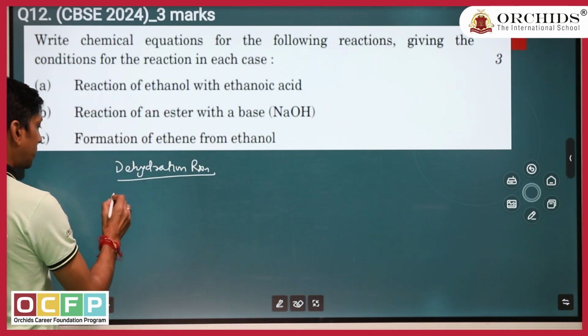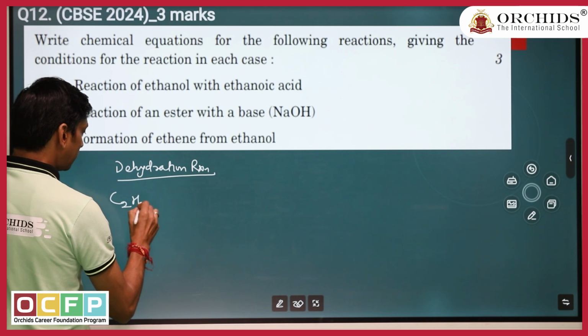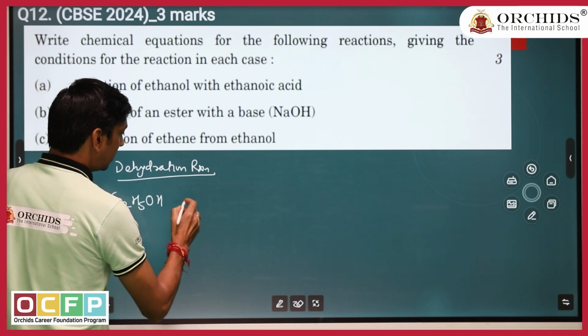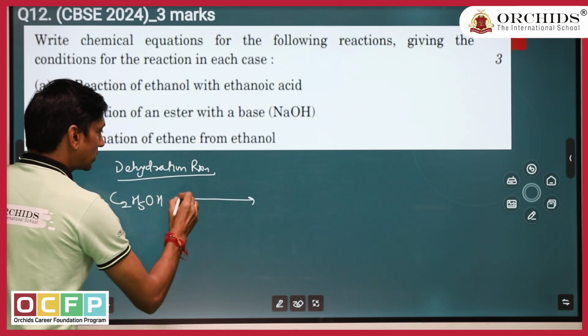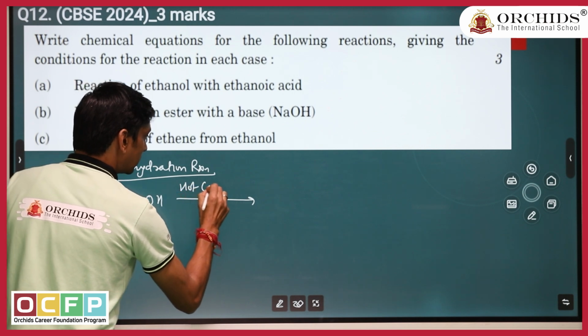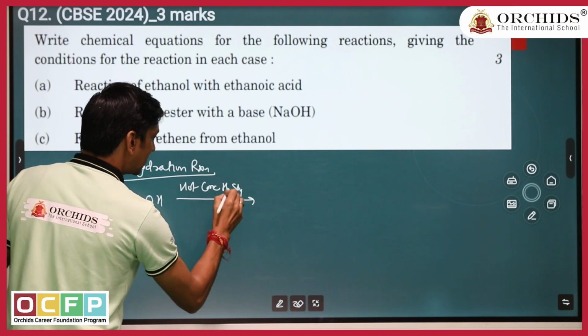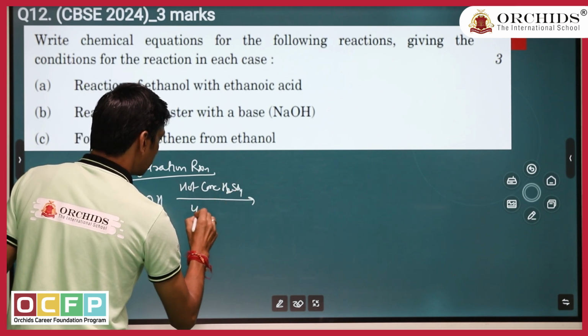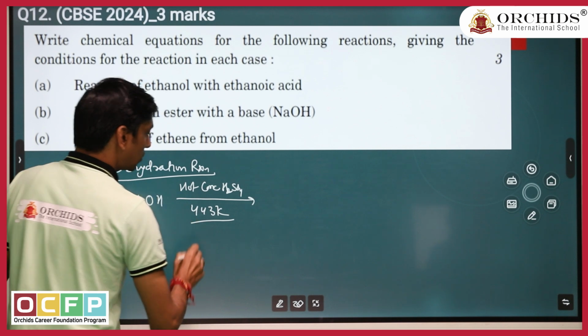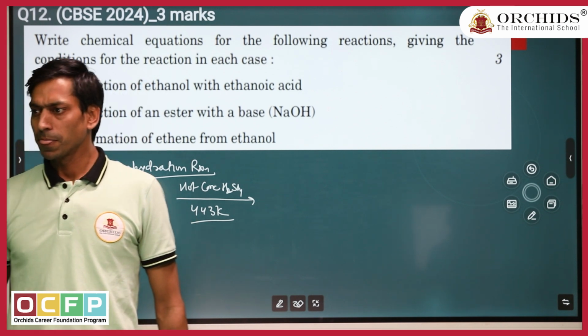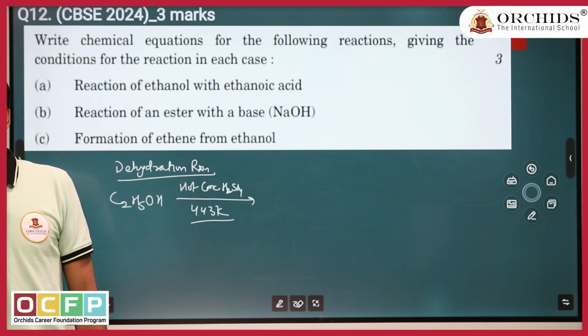There we take ethanol, that is C2H5OH, and we treat it with hot concentrated H2SO4, sulfuric acid, at a temperature of around 443 Kelvin.